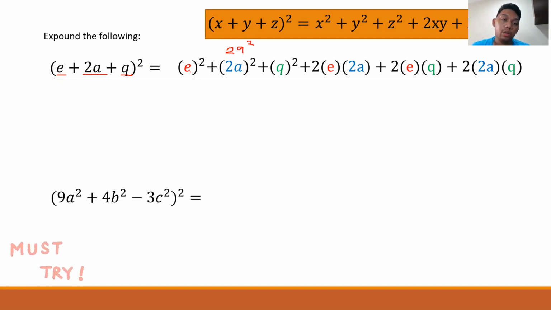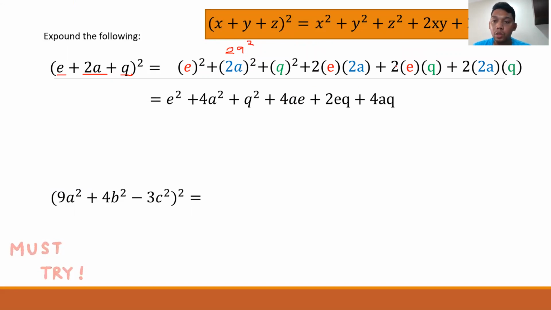Then let us simplify this. This is just equal to e squared. And 2 squared is 4, so 4a squared. And then this is q squared. Then 2 times 2 is 4 times ae, alphabetical. And then 2 cubed, and this one is 4a cubed.